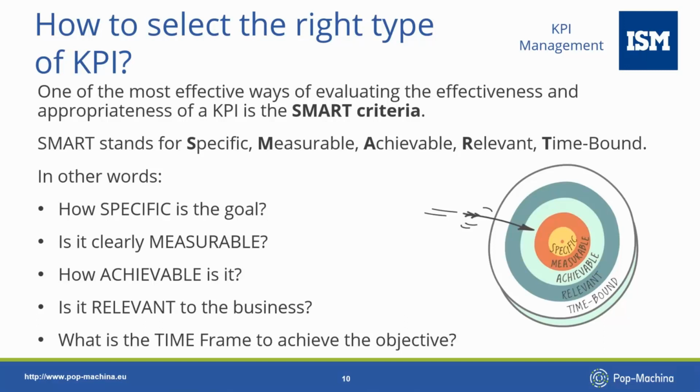So SMART stands for specific, measurable, achievable, relevant, and time-bound. In other words, how specific is the goal? Is it clearly measurable? How achievable is it? Is it relevant to the business? What is the time frame to achieve the objective?